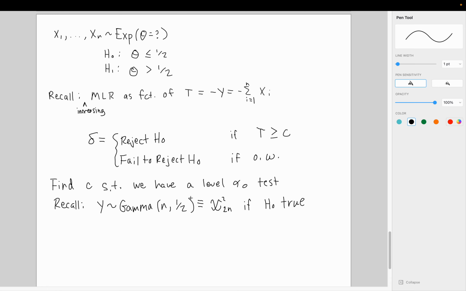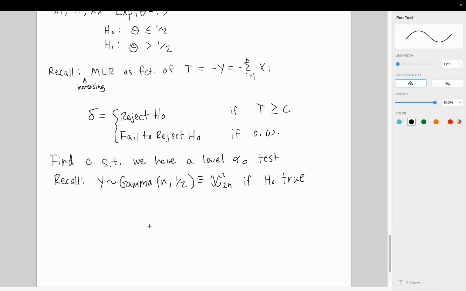We can use this to our advantage. We want to have a level alpha naught test, so we're going to do the probability of rejecting H naught given H naught true.